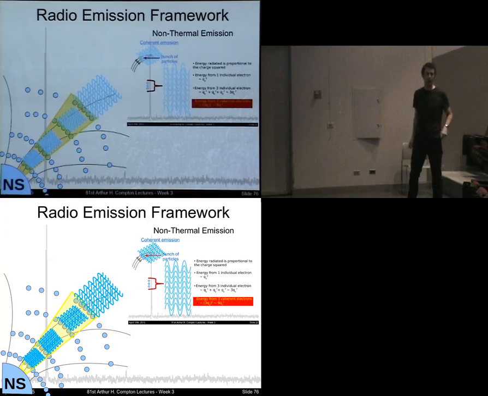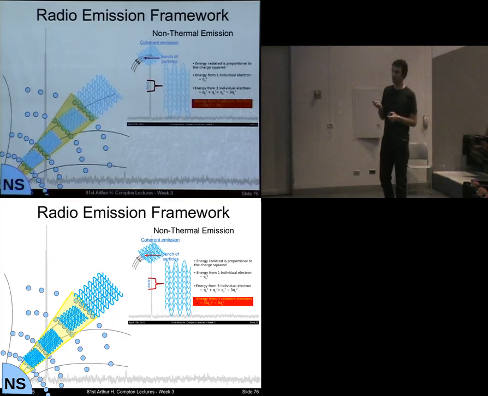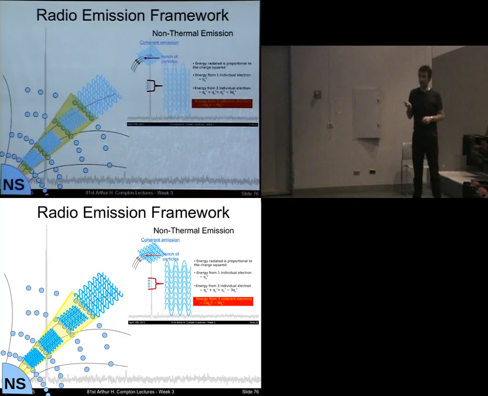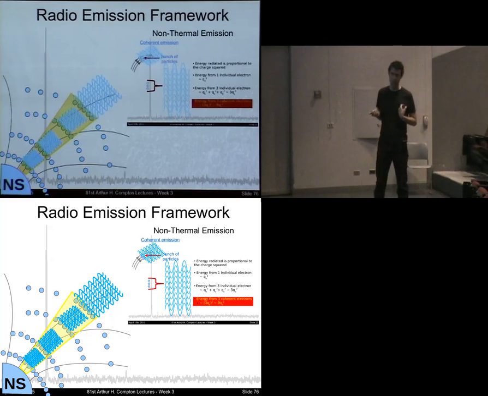One of the things I've tried to say in the handout, and today, is that the radio beam is coherent, so it only comes out at the poles where the magnetic field lines are collinear, and so you can get this coherence condition. You don't need that for X-rays, optical and gamma ray emission. They're incoherent.